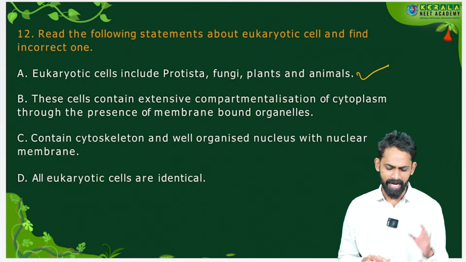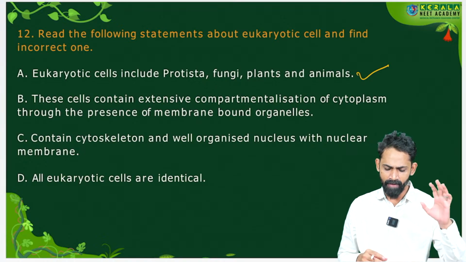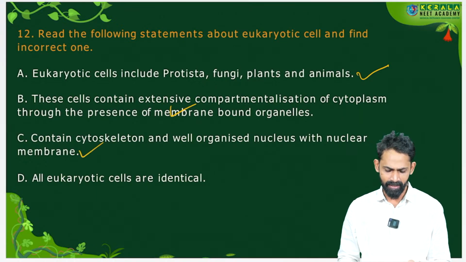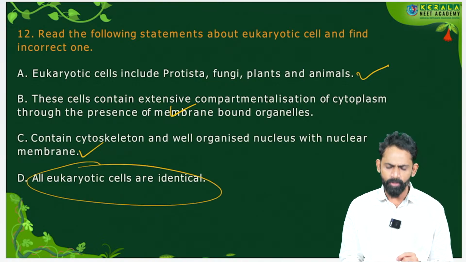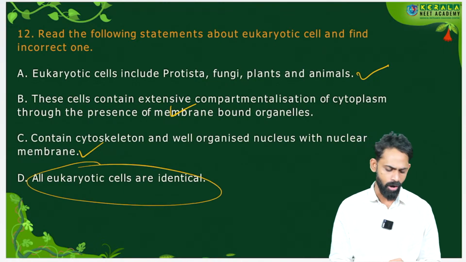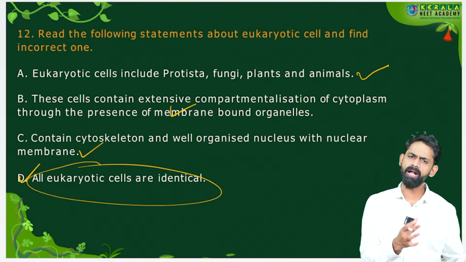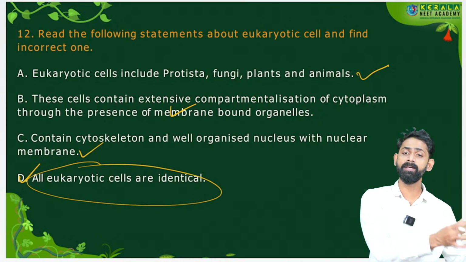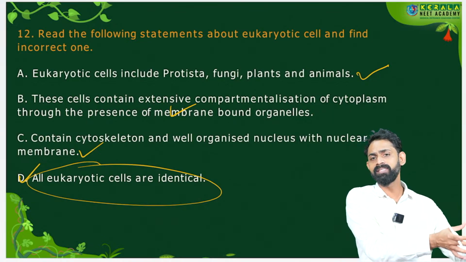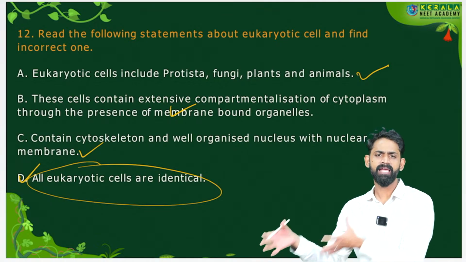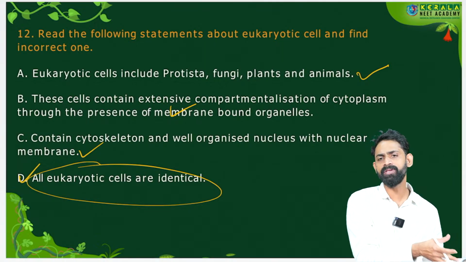Next one is containing cytoskeleton, a well organized nucleus with nuclear membrane. Correct. See, last option: all eukaryotic cells are identical. Wrong. All eukaryotic cells are not identical. In NCERT they compared plant cells and animal cells. Plant cells have a cell wall, animal cells don't. Second, plant cells have a vacuole, animals don't.